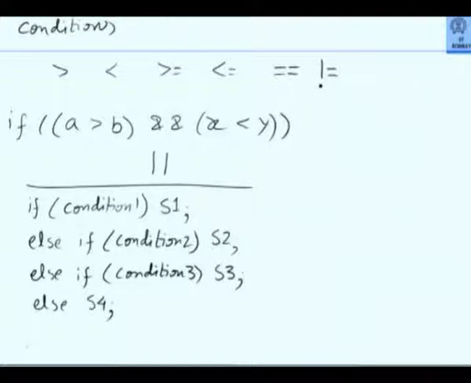If the first condition is true, you execute S1. If the first condition is not true, then only you come down. Now you examine condition 2. If condition 2 is true, then you execute S2.